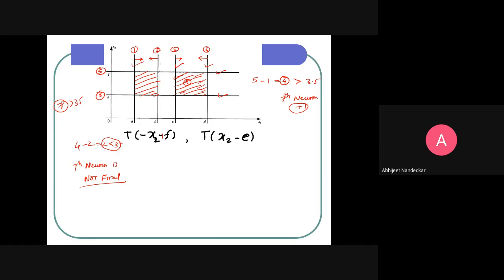Now this will be firing because you are ahead of this, and this is not fired. Again, one input is minus and all others are plus. So 5 minus 1 is 4, and this will fire. So you will see that for the rest, anywhere throughout this space, the last neuron is not satisfied.